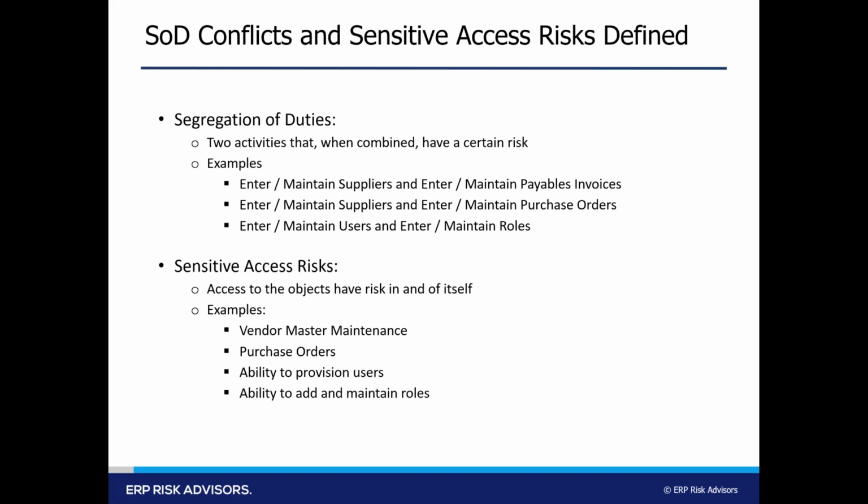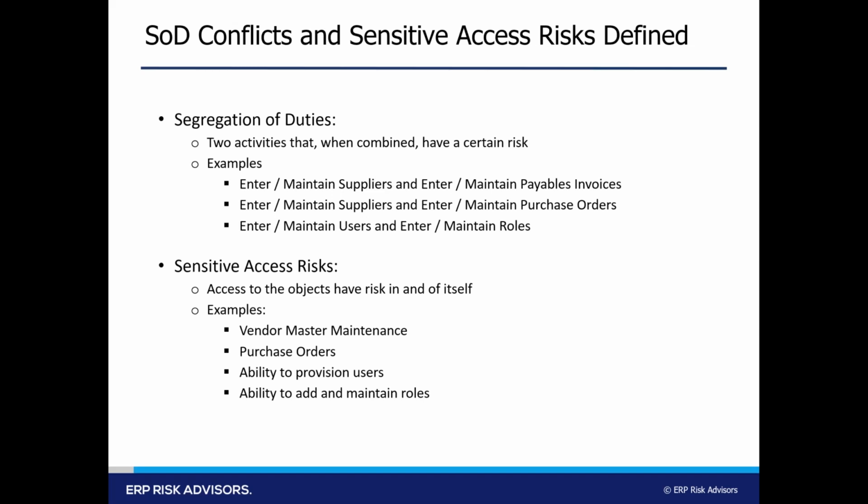Sometimes you think about the authorization activities that are happening: somebody initiates something, somebody authorizes it. Sometimes we're trying to separate the custody of an asset from the maintenance of the activities within the system. Most people think about segregation of duties in the context of what happens within a system, not necessarily a combination of things that happen outside the system and in the system.